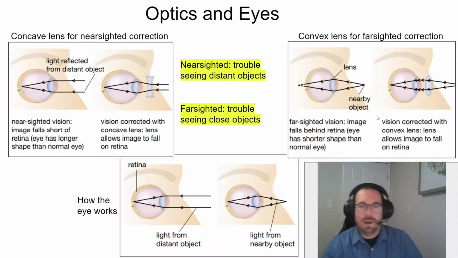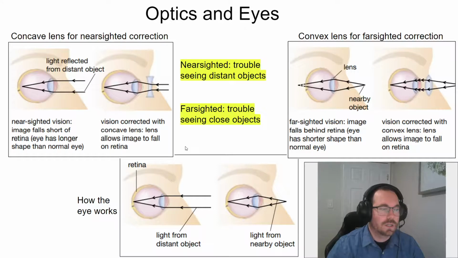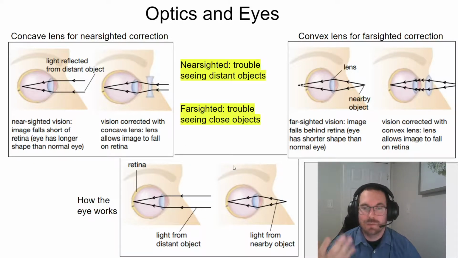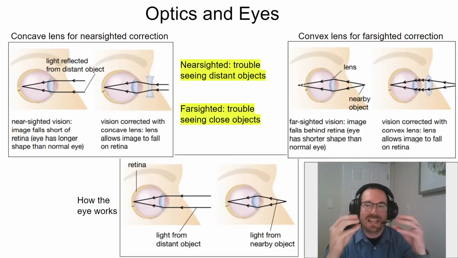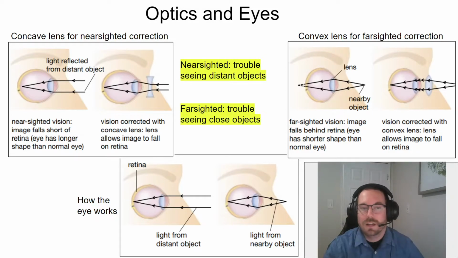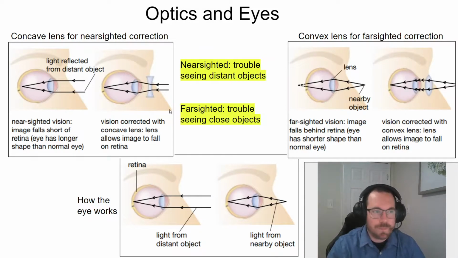So that's a little bit about how eyes work. And in particular, that's a little bit about how glasses, which many of us, myself included, wear, can help correct some of that vision because our eye might just be slightly longer or slightly shorter than it normally would be.